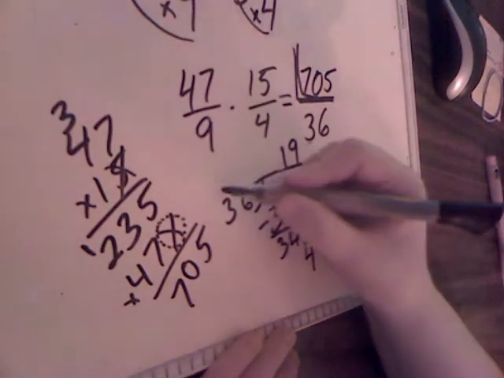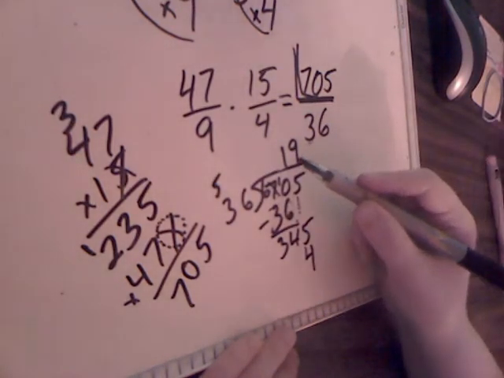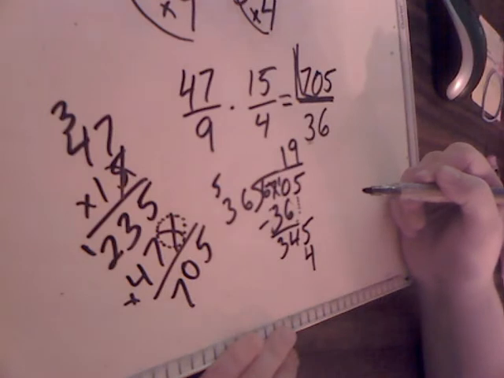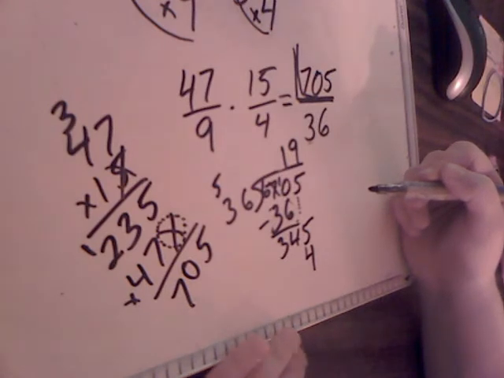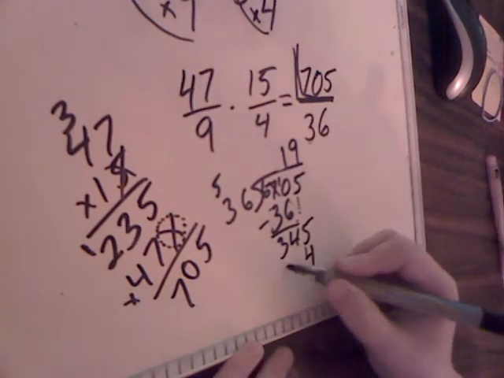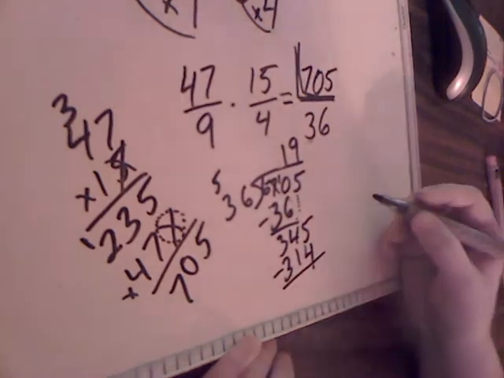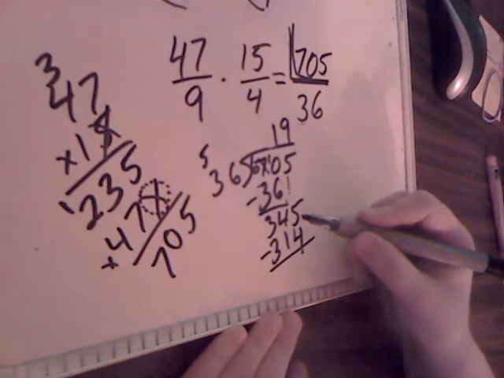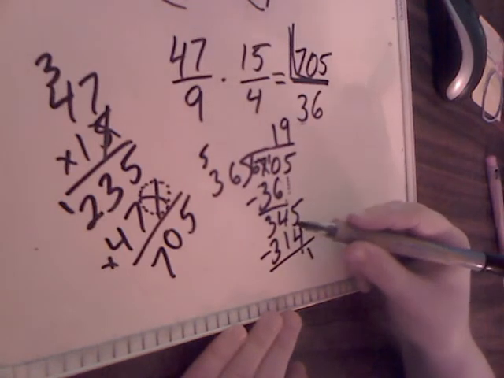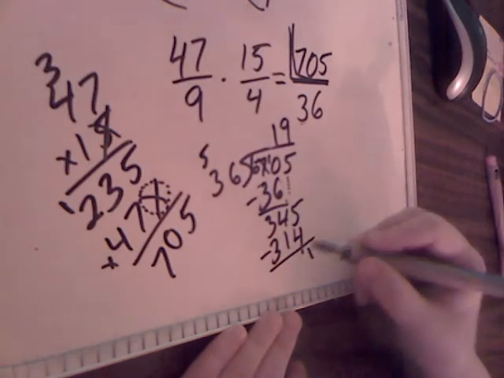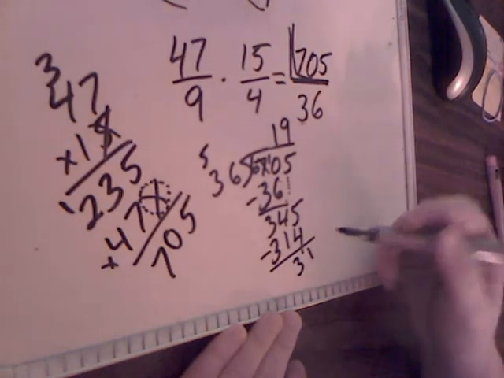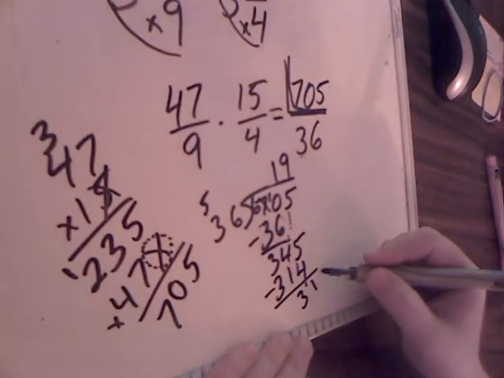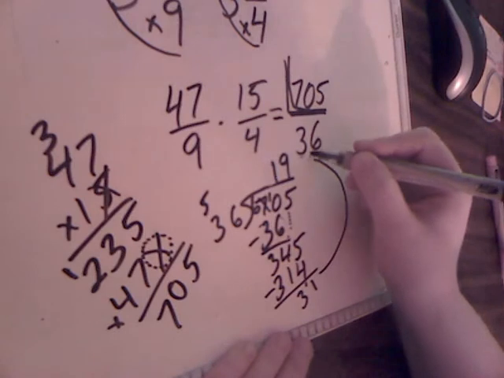I'm going to put the 4 down there, put the 5 up here. 9 times 3 is 27, plus that 5 is 31. So when we do our subtraction, we're going to find that 5 minus 4 is 1. 4 minus 1 is 3. That does work.